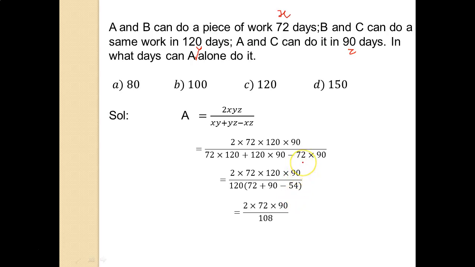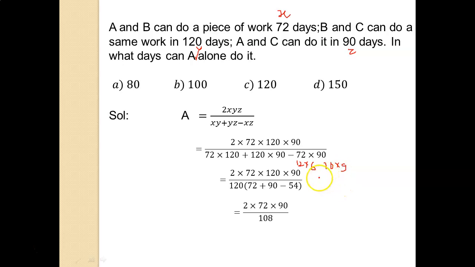So let us see. What is the factor of 72? 12 into 6. And what is the factor of 90? 10 into 9. So which factor is common? 120.